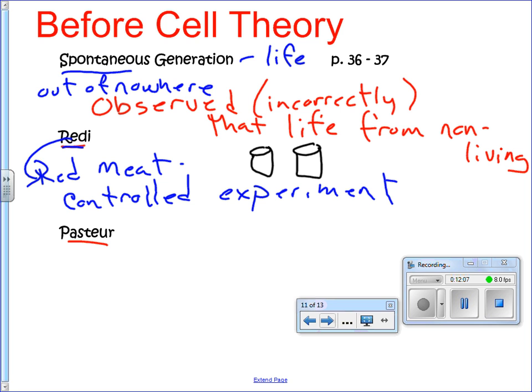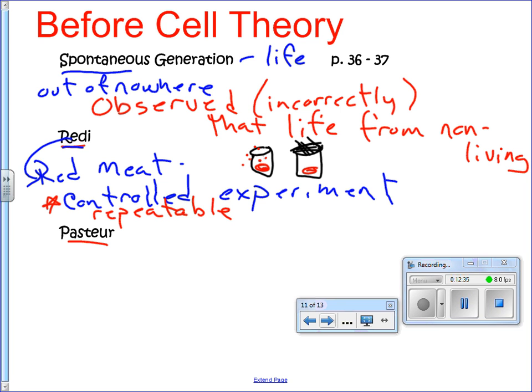So he put a cloth over the top that was fine enough that the flies couldn't lay their eggs through it. And the one that was open to the air grew maggots, and this one did not. And so the things he did was, one is showing that those maggots had come from some other life, and the other one was having a repeatable, controlled experiment.